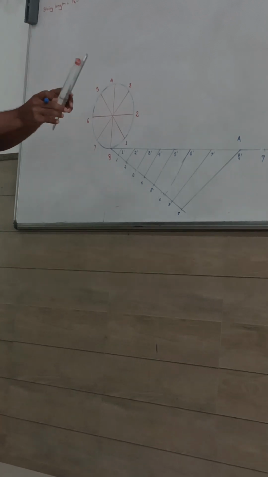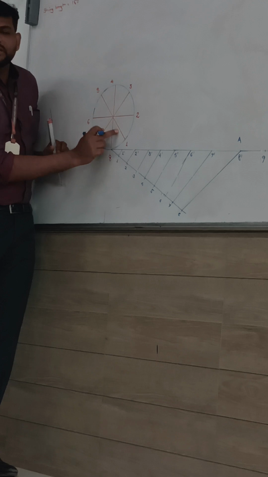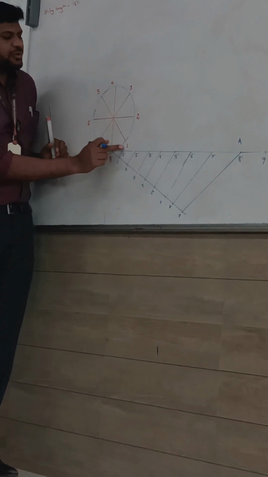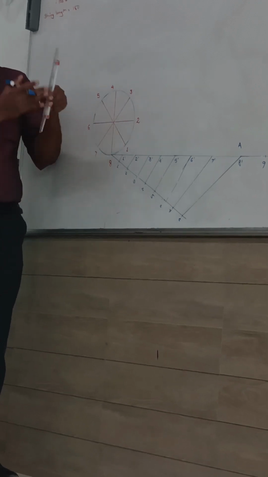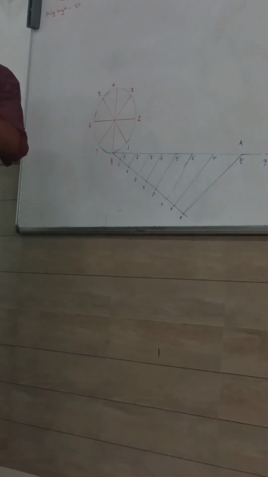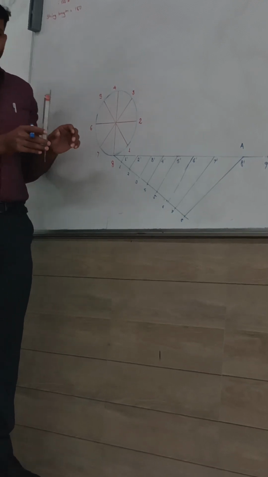Set your ruler scale in such a way that the 90 degree line is parallel to this, 5 to 1 को parallel set करो. परफेक्ट पैरेलल सेट करोगे तो ये जो लाइन है ये परपेंडिकुलर आएगा, टेंजेंट ड्रॉ होगा ऑटोमेटिकली. So no need to set your protractor and all.